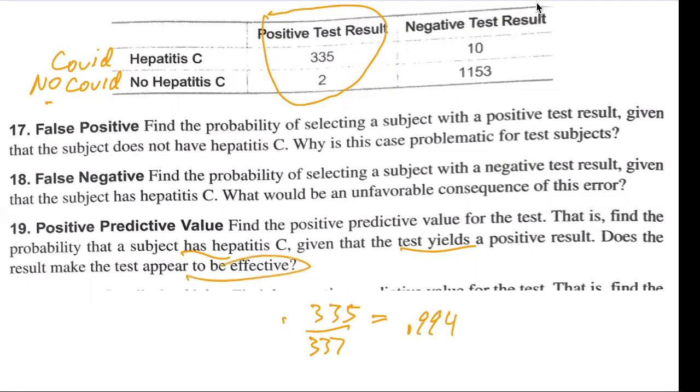Seems like it's pretty effective. But again, pretty effective, but still 3% false negative. That's kind of scary. But that's how we're going to do these conditional probability problems, using a table and doing it intuitively, where the given selects a column or a row for us.